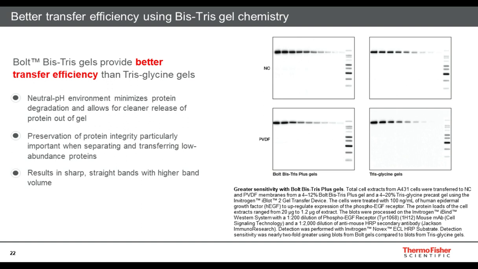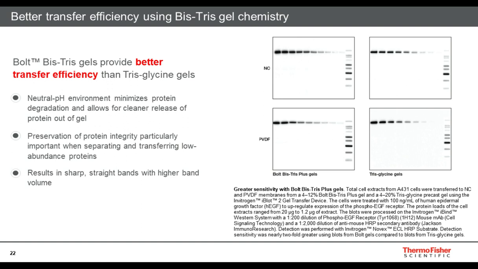Focusing first on the gel chemistry, we can see in the image on the right how Bis-Tris gels compare to Tris-glycine gels when it comes to transfer efficiency and detection sensitivity. In these examples, A431 cell lysate extracts were electrophoresed and used on either the Bolt Bis-Tris or Tris-glycine gel.